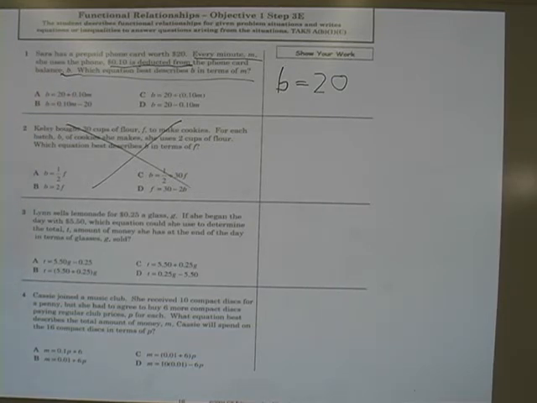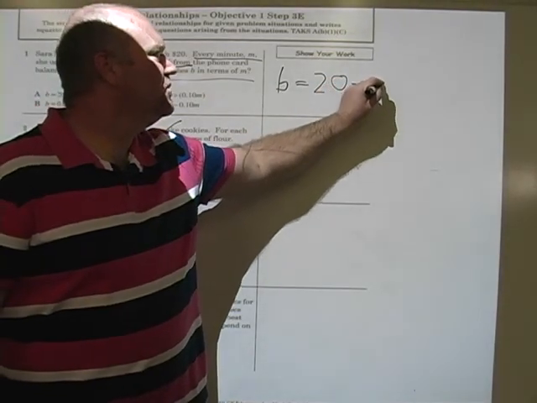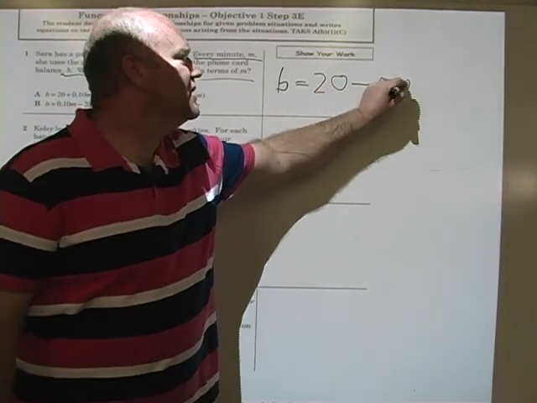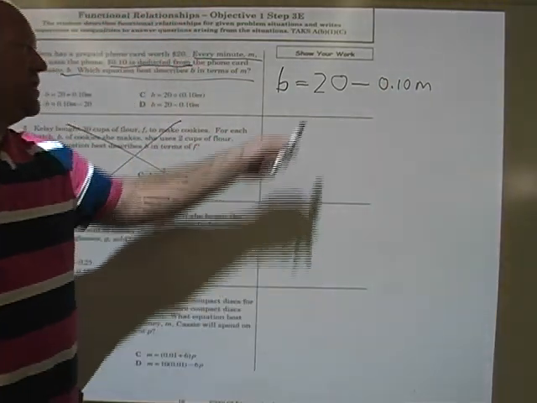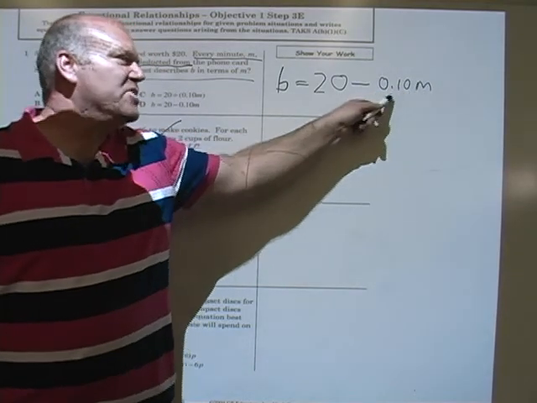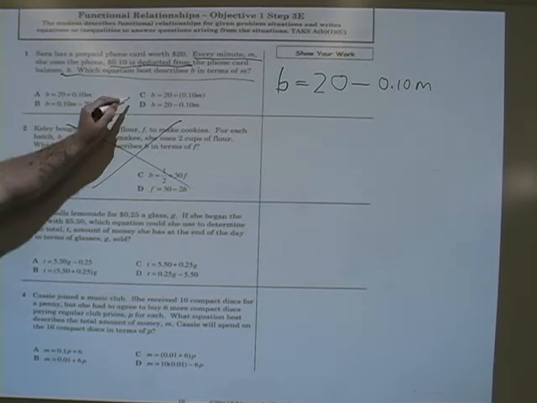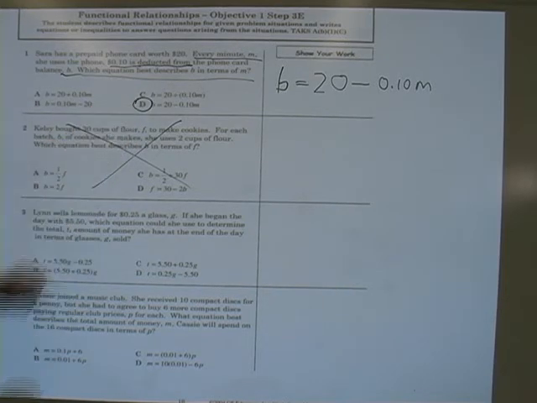B equals 20 minus 0.10 M. You start with 20, and you deduct 10 cents for every minute. So the answer is D. Very good. Okay, skip 2.